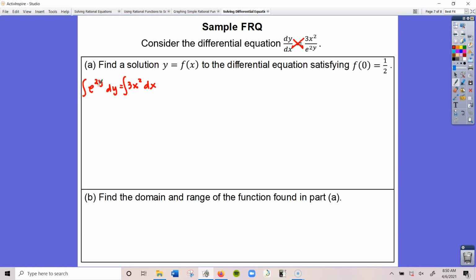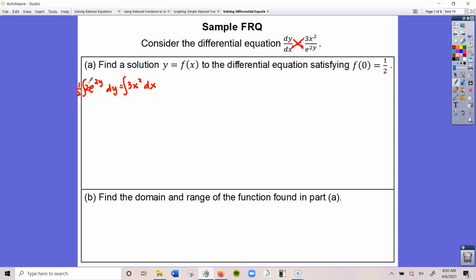I noticed that this is a composite function. So when we are integrating, we have to check if the derivative of the inner function is being multiplied by the outer function. So what I have here is that the derivative of 2y would be 2. We're missing the 2 here. So I would have to multiply by 2. But since I'm multiplying by 2 inside of the integral, I have to divide by 2 outside of the integral.